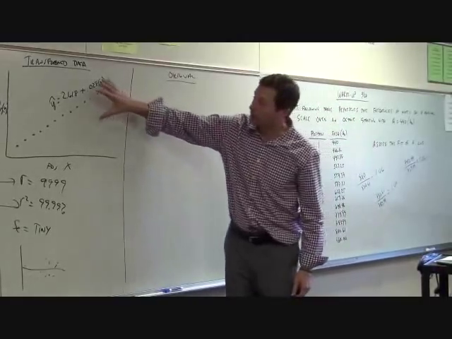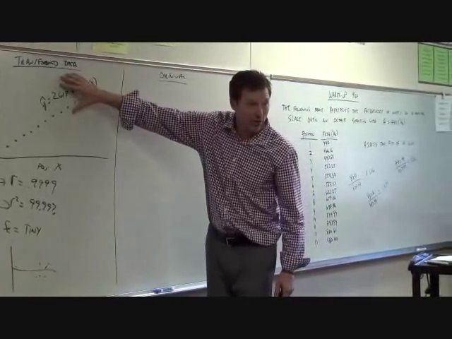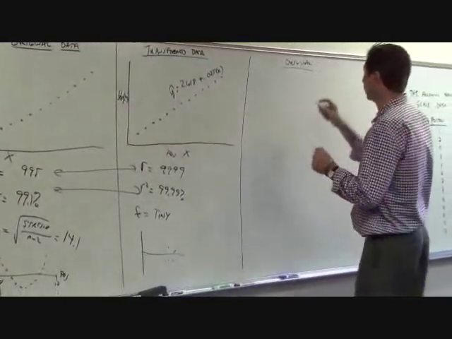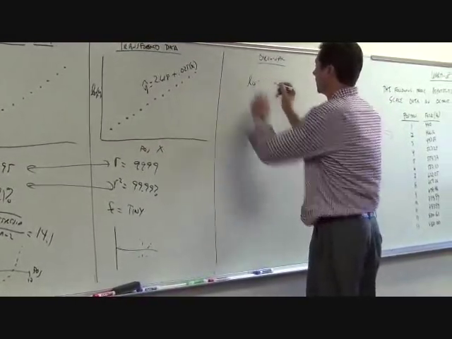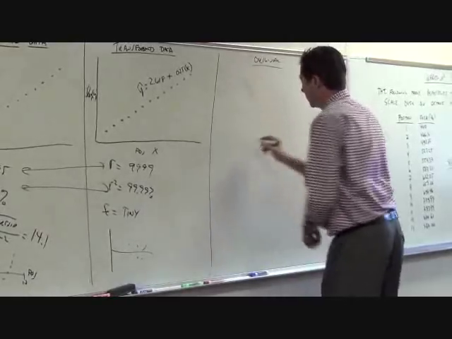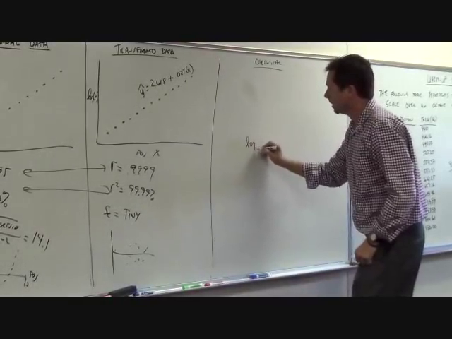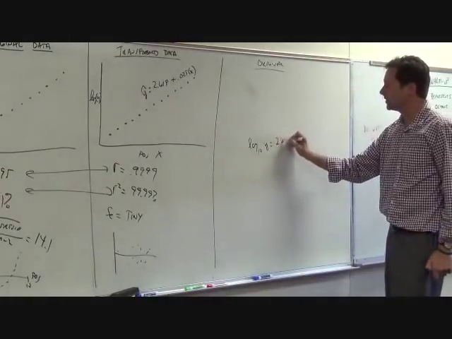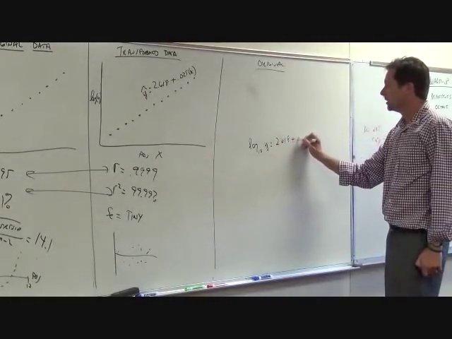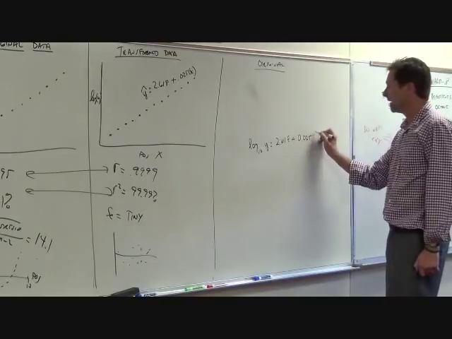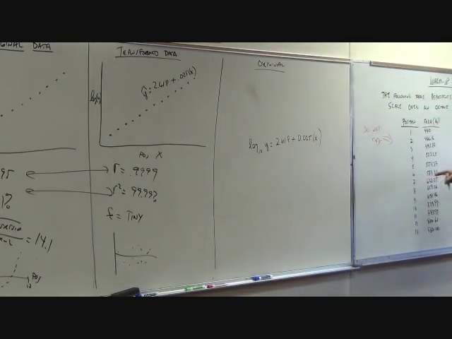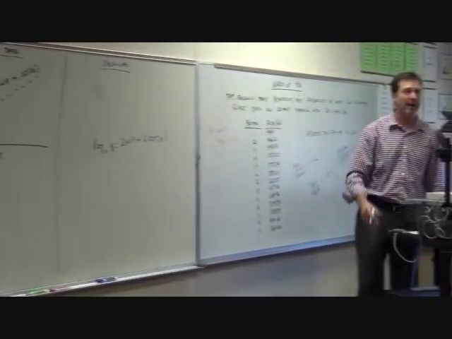We're going to rewrite this equation from the logarithm's point of view. So log base 10 of y is equal to 2.618 plus 0.025x. Notice I'm not writing in what these variables represent because we're going to do some math work here.